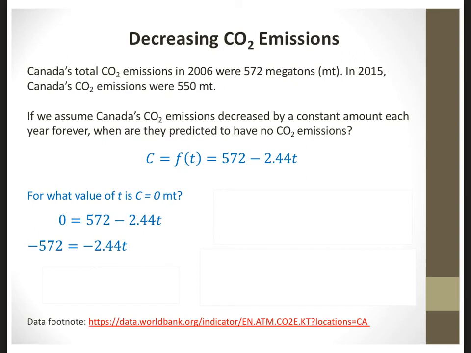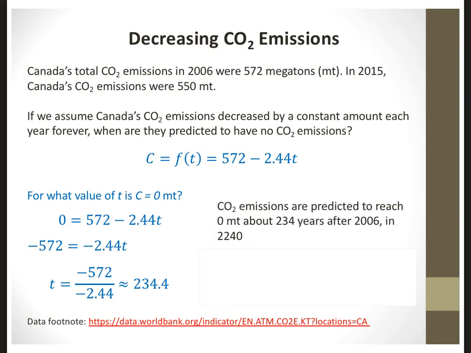And then I can divide both sides by minus 2.44, and calculating that ratio gives me that t is about a little more than 234 years. So to summarize that result, this is saying that if Canada is going to follow this model for reducing their CO2 emissions, their CO2 emissions are going to reach 0 megatons about 234 years after 2006.